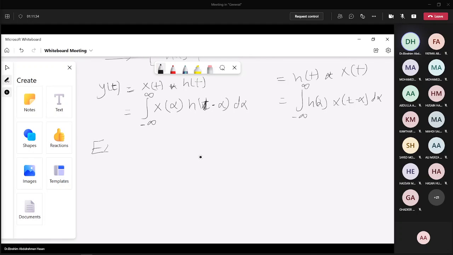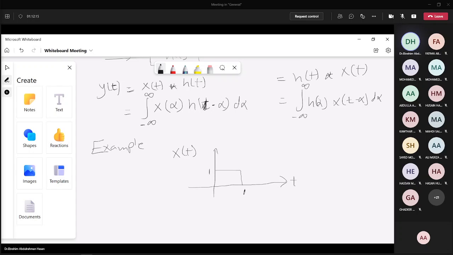So, example. Okay, I will take a simple example from the notes. x of t is given by this: it is 1 from 0 to 1, and this is 1.